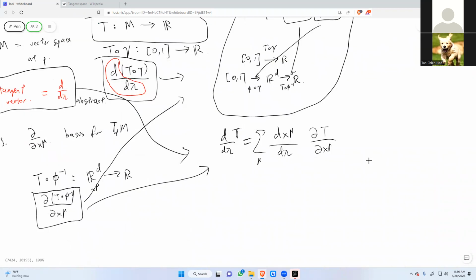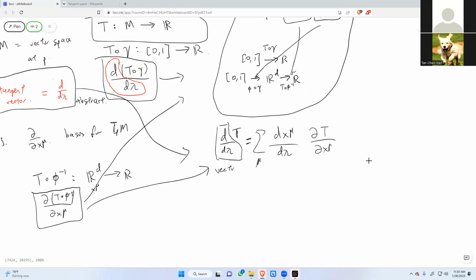And what do we have over here? We have a vector, or rather, if I may edit it a bit, it's not the entire thing. I have a vector over here.